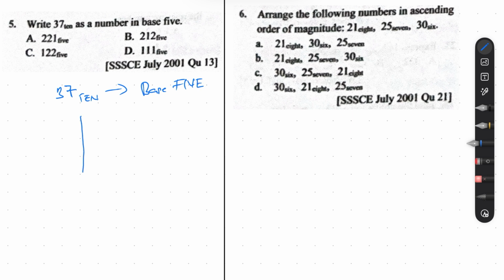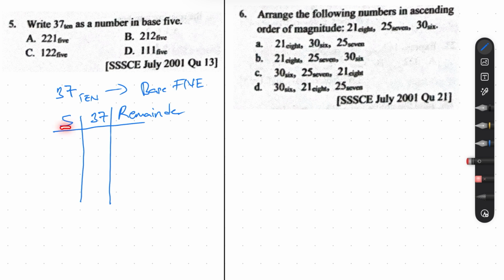We write the base right here, 5, and then the number we want to change, then write the remainder, or something like that, right? Okay, so we start dividing until we get to 0, right?